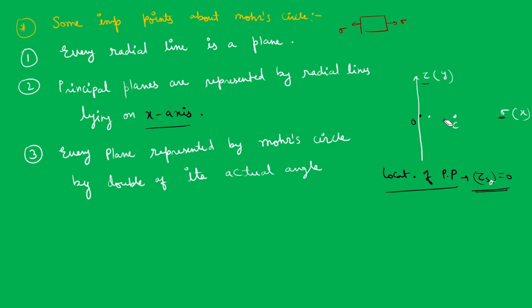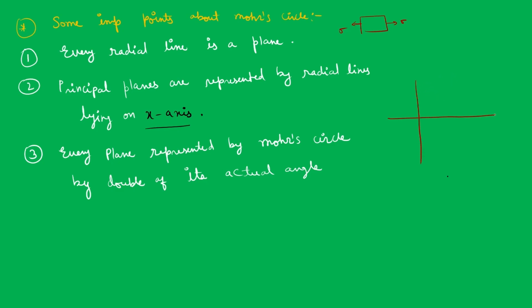Let me redraw it. You guys have already understood this part, right? So it will be touching the origin point, right? And this is my top, and this is my sigma, and let's say this is my center.